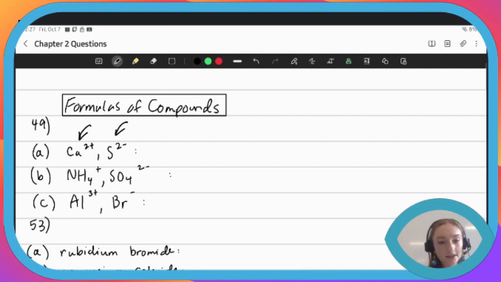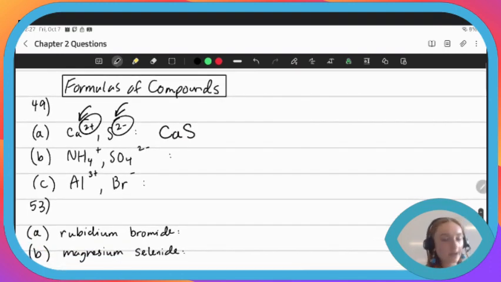Sulfur is a nonmetal, and it has 2 minus. Since these 2 charges cancel each other out, that is why we directly write them like this. The metal always goes first, the positively charged ion goes first, and then the negatively charged ion goes second. So we have calcium sulfide right there.